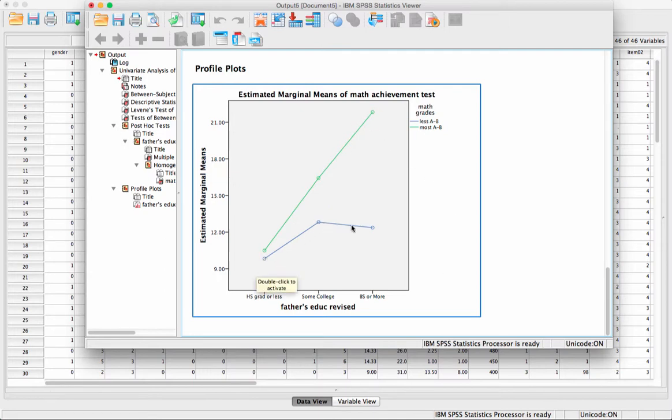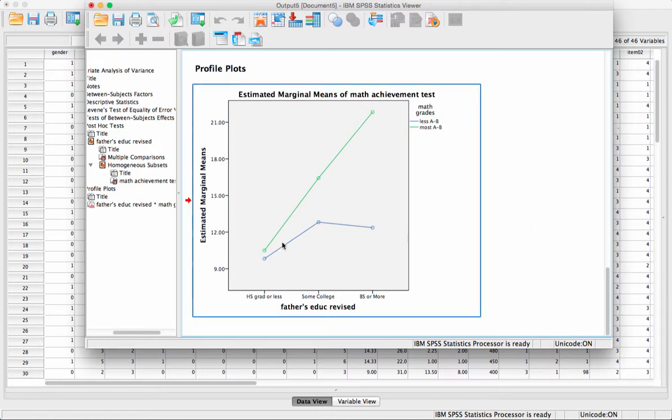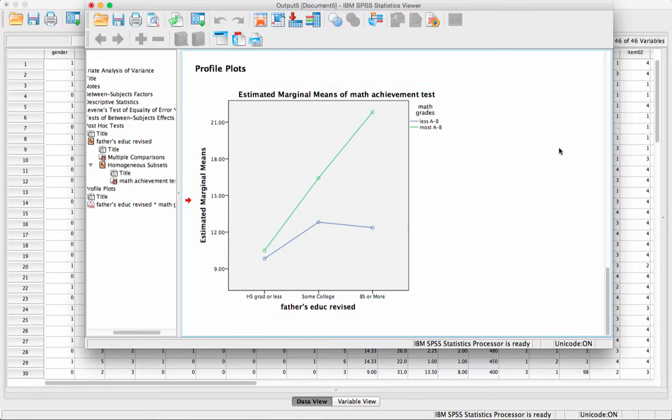And this line, the blue, is students who earned less than AB at each level of father's education. So the results indicate that we have a significant interaction. And so what that means is that the math achievement means for less than AB and mostly AB differ significantly at at least one level.